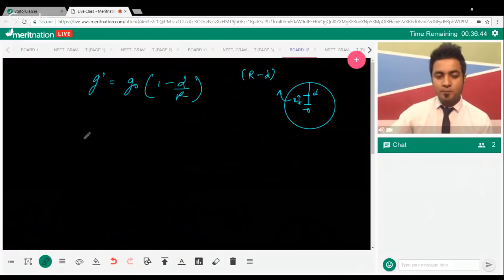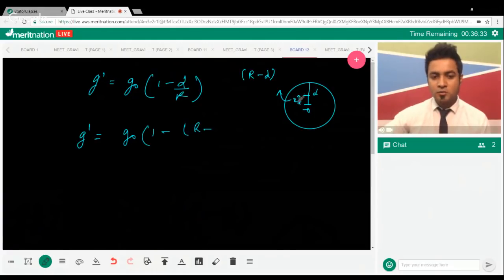So if I put it into the gravity formula, g naught 1 minus d upon r, d will be r minus x, so I have to put r minus x instead of d.